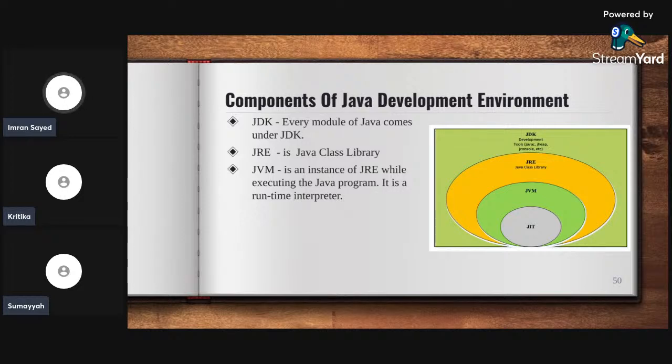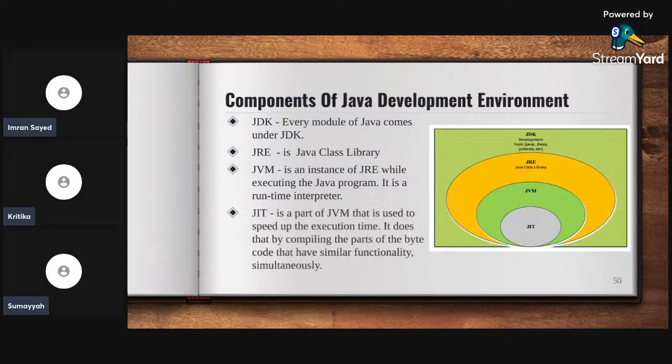While executing the Java program, it is a runtime interpreter, so Java virtual machine. JIT is a part of JVM. It's part of Java virtual machine that is used to speed up the execution time. This is inside of JVM, and it helps to speed up the process of execution. It does that by compiling the parts of the bytecode that have similar functionalities simultaneously.